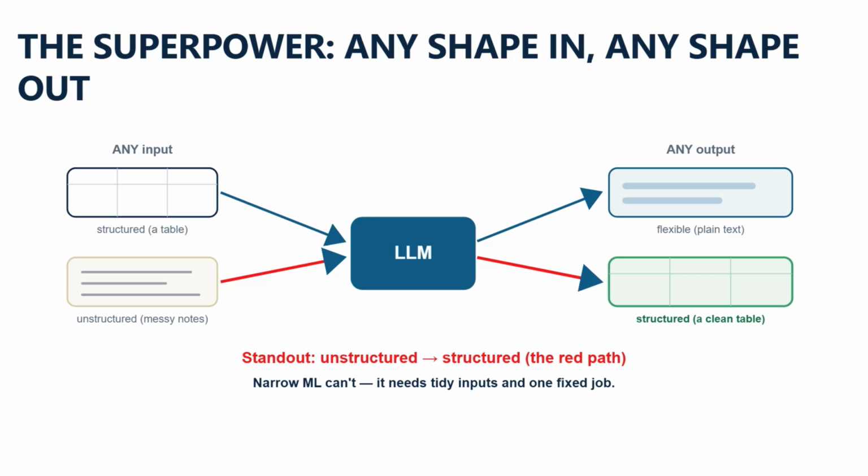Messy notes in, a tidy summary out, a structured record in, a plain English explanation out. And its real standout is turning unstructured stuff, rough notes, logs, a long report, into something clean and structured, or the reverse. That is exactly where it beats narrow machine learning, which needs tidy, well-defined inputs and one fixed job.